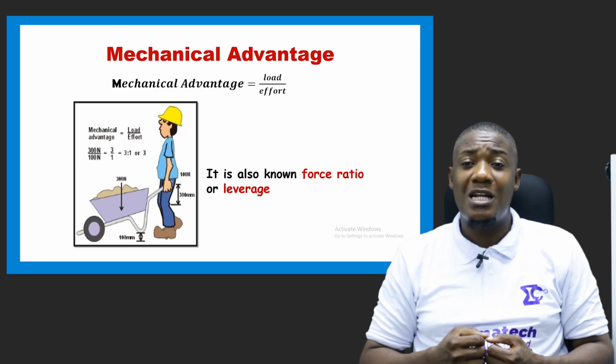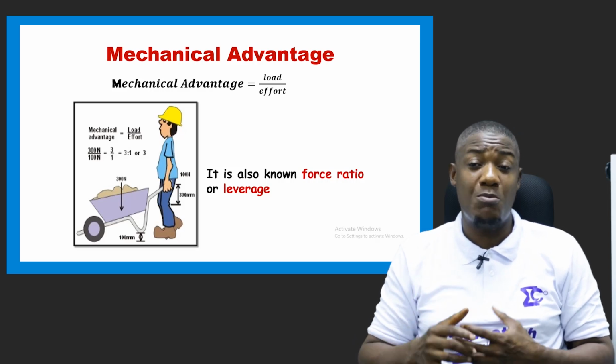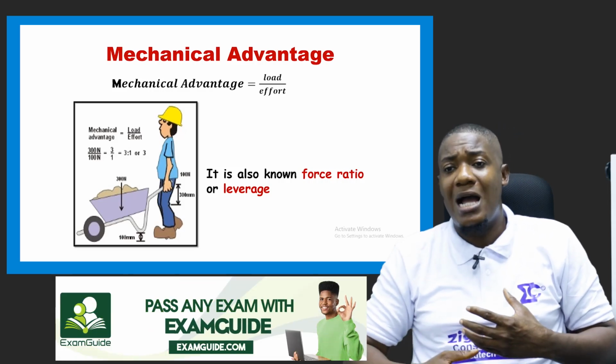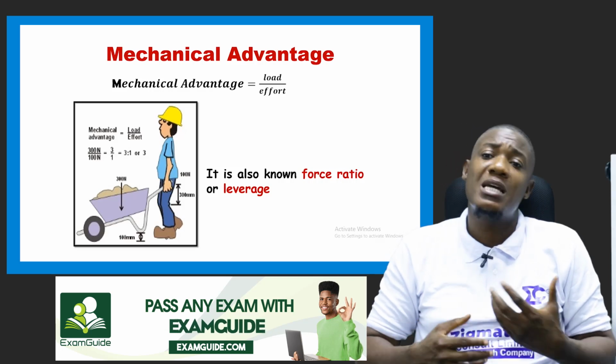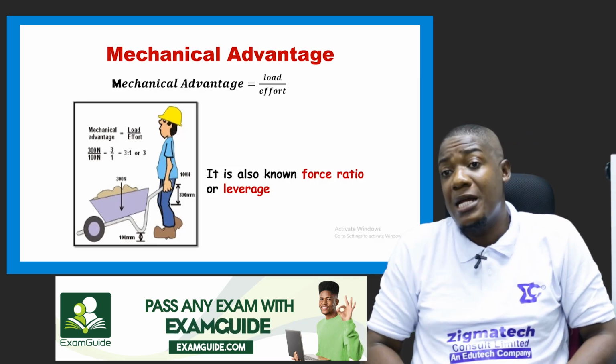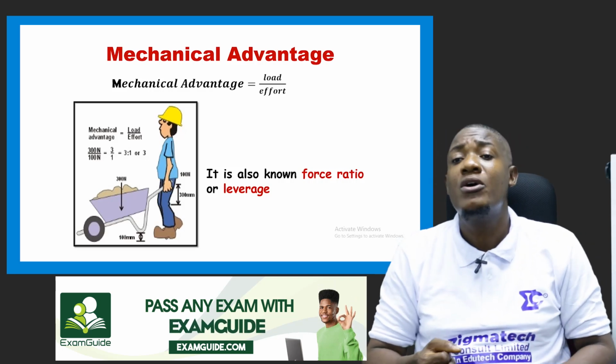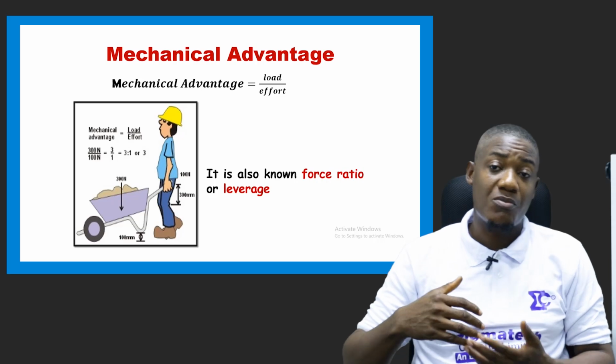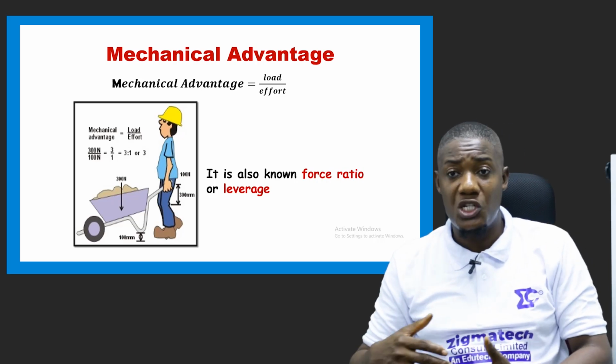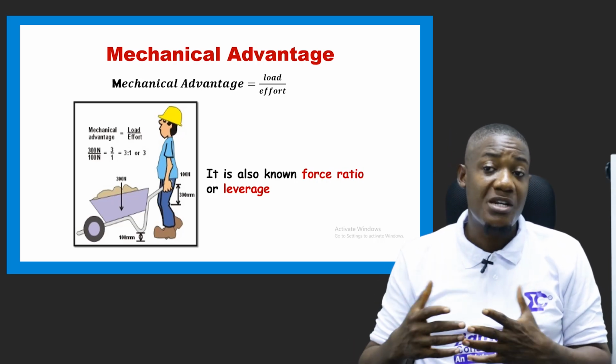Have you seen that because the wheelbarrow he is using is a simple machine, that wheelbarrow has amplified the man's effort? Imagine he's applying an effort of 100 newtons to carry a load of 300 newtons. I hope you can say now that the wheelbarrow is of a great advantage to the person carrying that load.